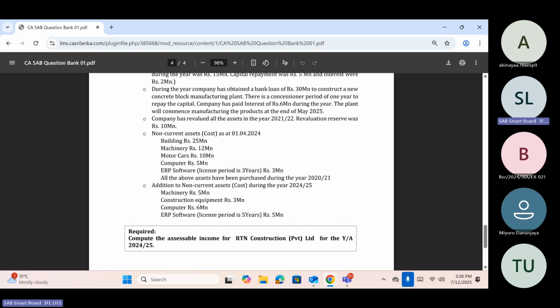How many years capital allowance? ERP, how many years? 5 years. How many years? 3 years. Say 3 years. That will be the 3 years. How many number of years?